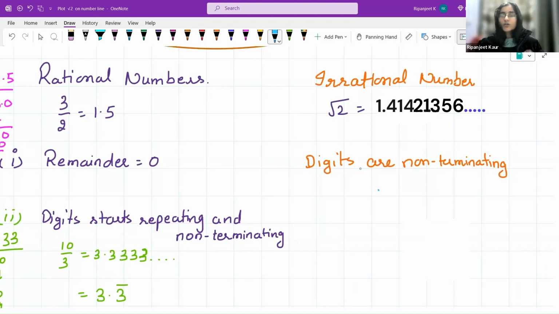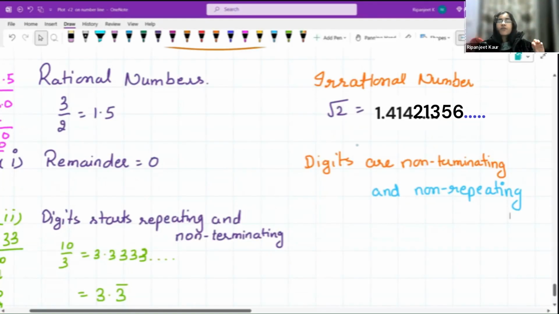Digits are not just non-terminating, but they are also non-repeating. They go on and on and on and on. So we can tell whether a decimal representation is a rational or an irrational number: if the remainder is 0, or the digits start repeating, or recurring, it is rational.